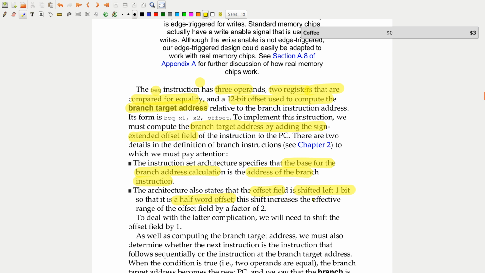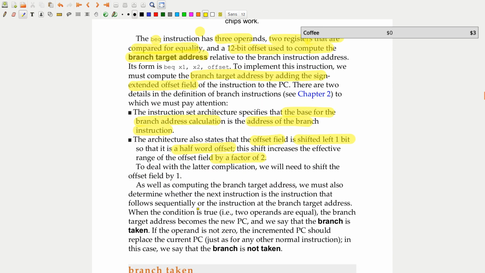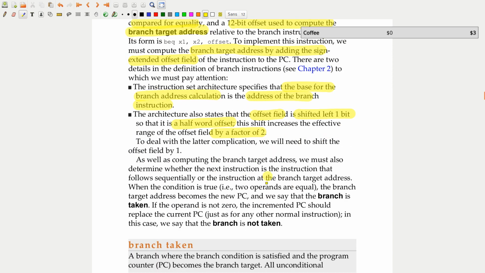This shift increases the effective range of the offset field by a factor of 2. Okay, so this just says that we can't jump at very, very tiny granularities that don't make sense to us, so we shift it left. To deal with the latter complication, we will need to add this left shift operation. So we'll probably just add some simple buffer that shifts it over.